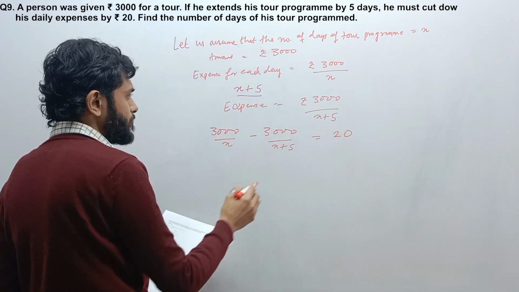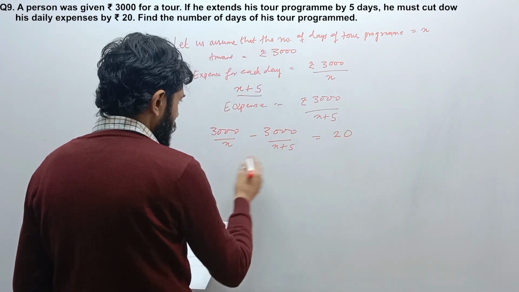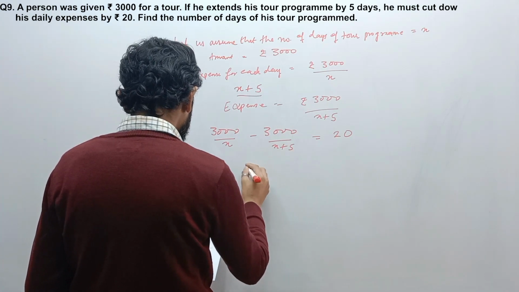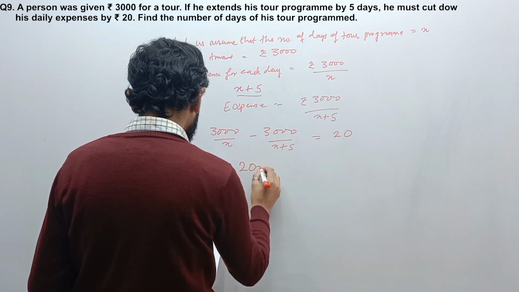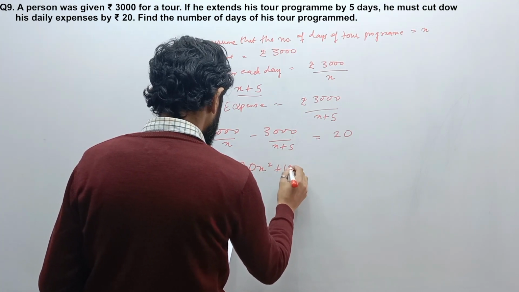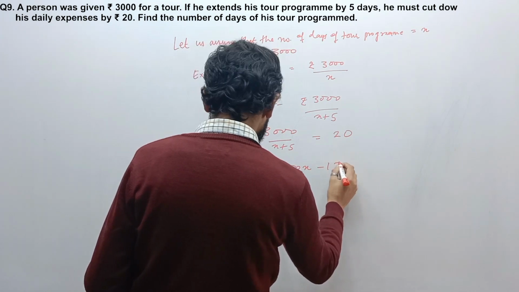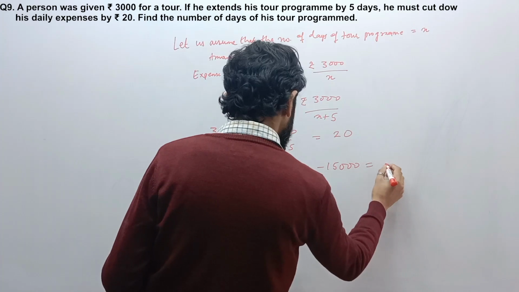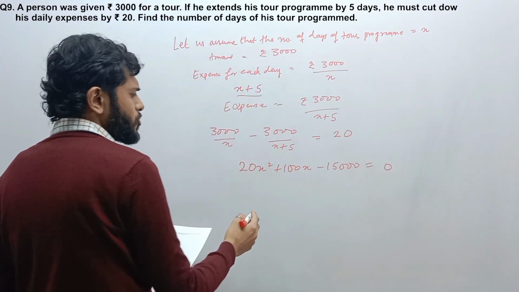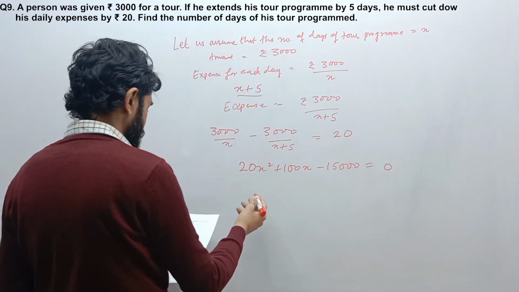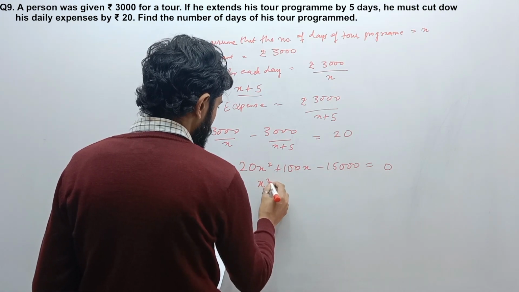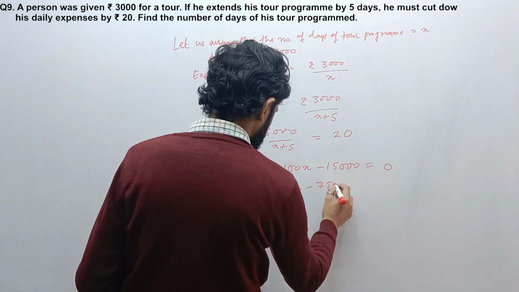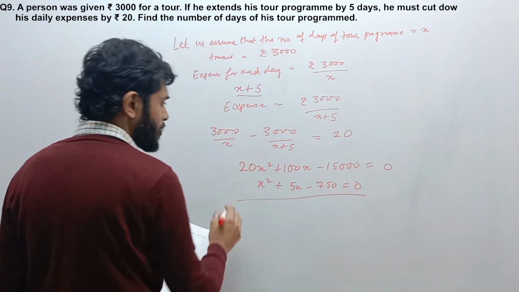Now forming a quadratic equation out of this, we will take LCM and solve it. So we get our quadratic equation as 20x square plus 100x minus 15,000 is equal to 0. Now here in this question you can simplify it by dividing it by 20, so your final would be x square plus 5x minus 750 is equal to 0, which is your required quadratic equation.